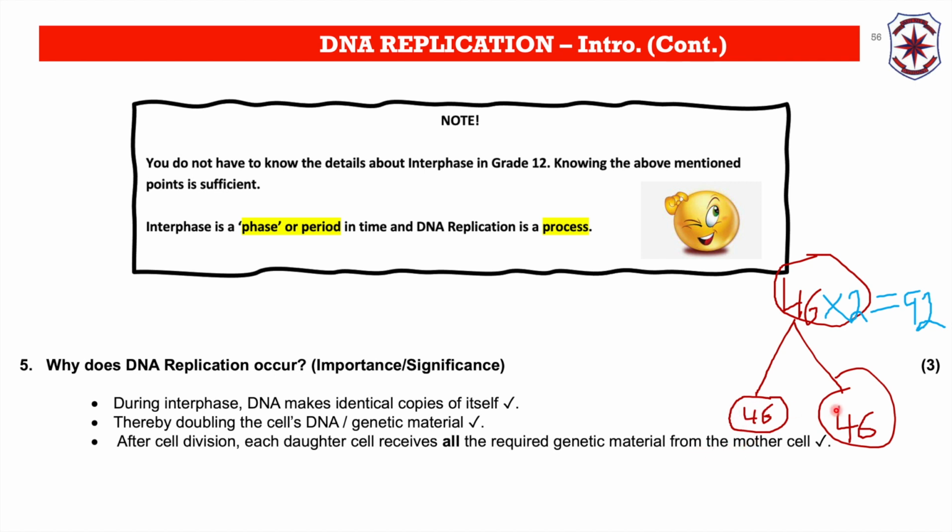So each daughter cell will now contain 46 chromosomes that are carrying all the required genetic material or all the required DNA that is needed by that particular cell. I hope this makes sense, because we are now moving on to the next slide.